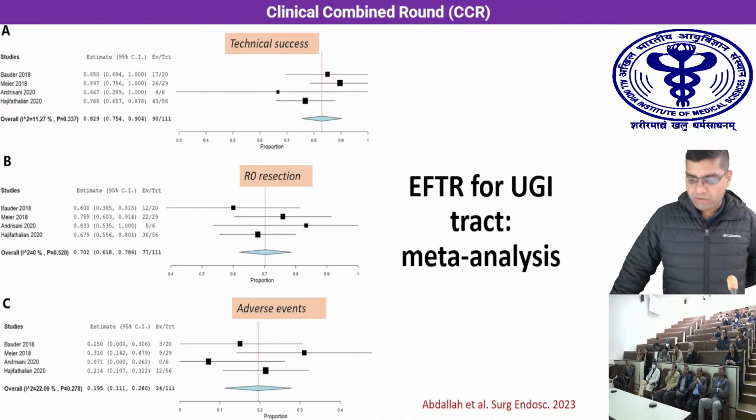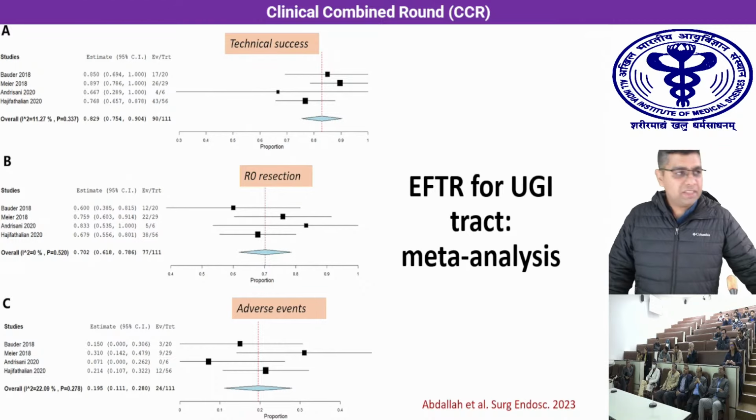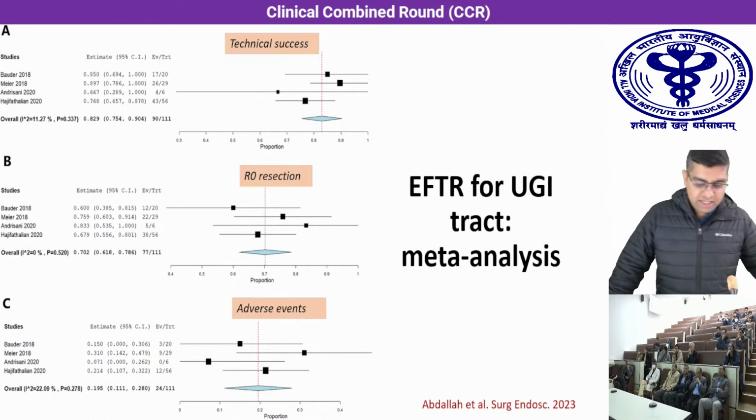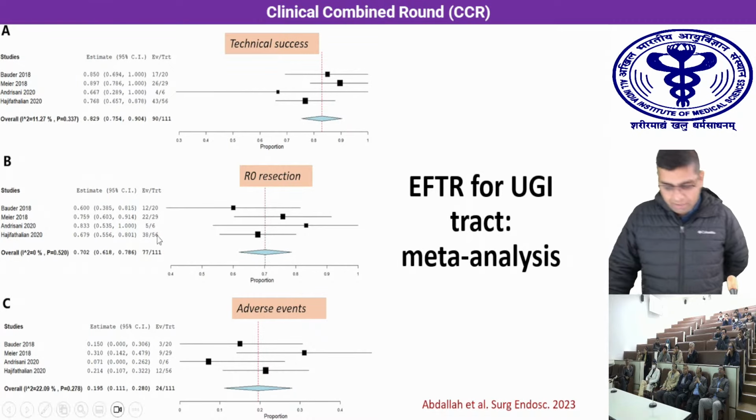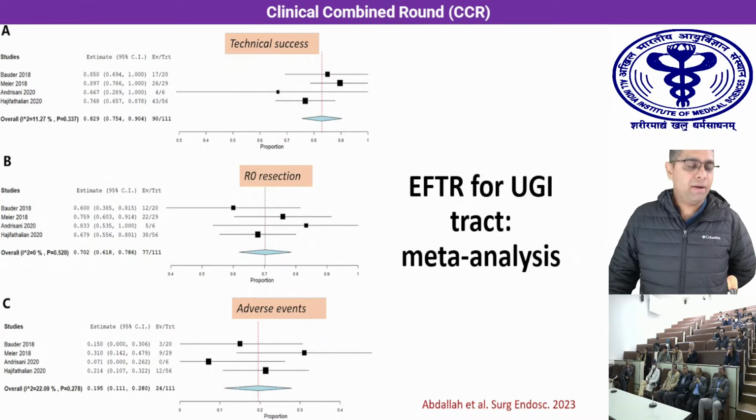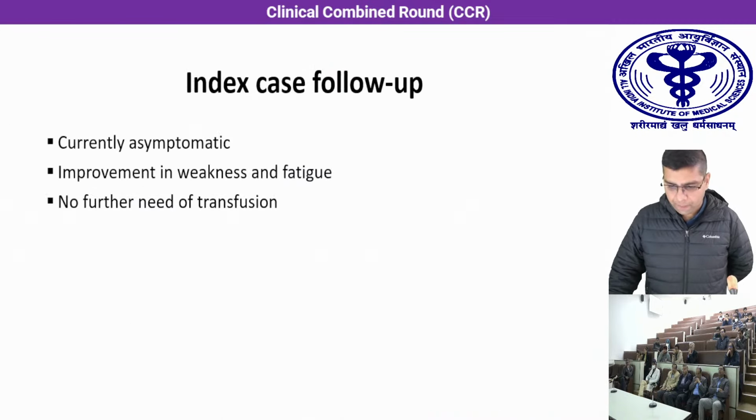Also, for endoscopic full thickness resection done for any upper GI lesion involving the esophagus, stomach, or duodenum, overall technical success was around 83%, R0 resection was achieved in 70%, and minor adverse events, around 19%, were seen, which were mostly managed endoscopically.